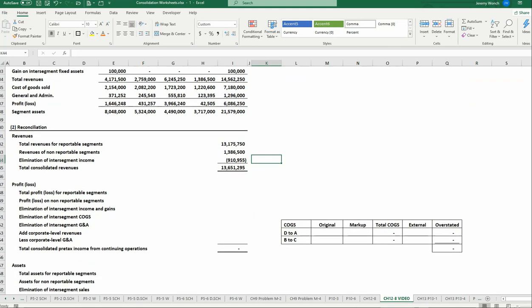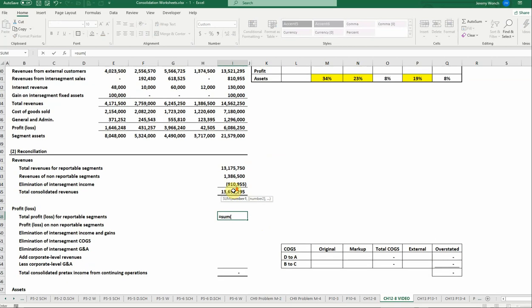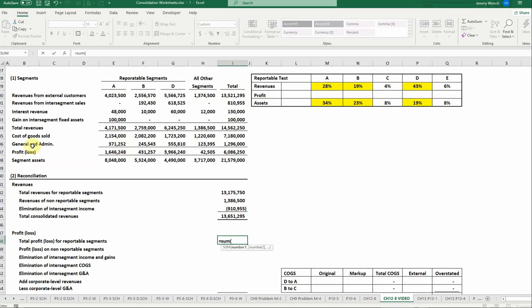All right, so the next part we want to reconcile is going to be the profit. And so same idea here, we have the total profit on reportable segments. And so our profit line, it's going to be these 3 right here. And then the profit from all other segments is going to be the 42,000.